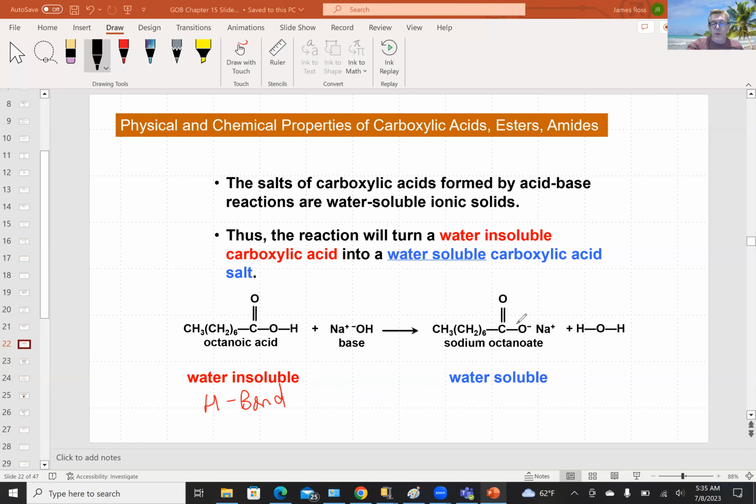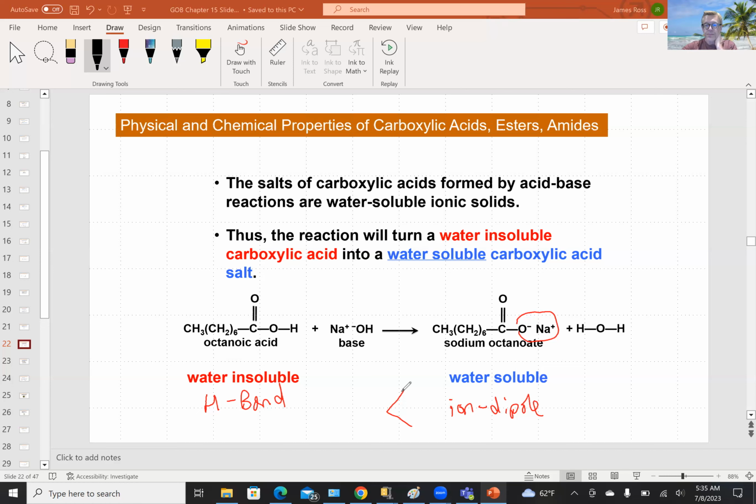On the right, we have free ions, so we can have ion dipole forces. Ion dipole forces are stronger than hydrogen bonds. Ion dipole forces are the strongest type of intermolecular force.